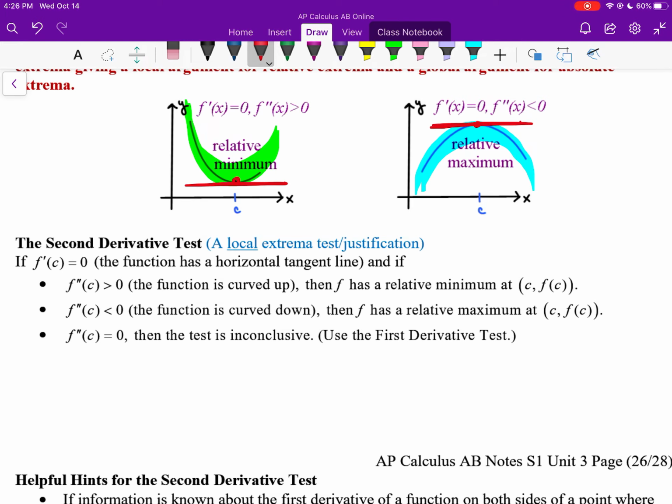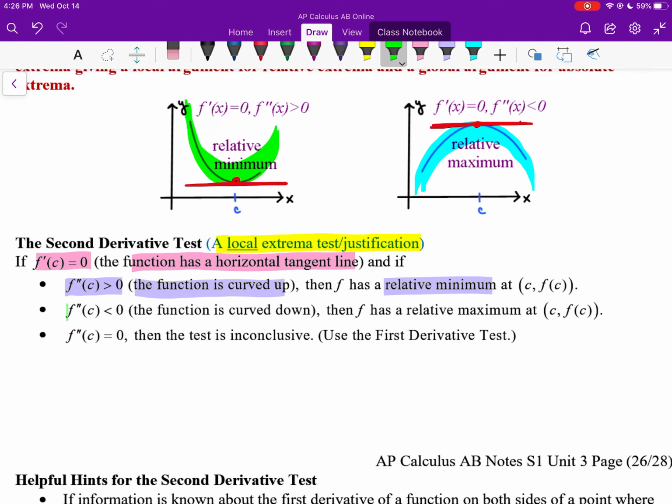And this over here is our second derivative test. What this second derivative test says is as follows, and again this is a local extrema test justification. It says if the first derivative at a particular point is equal to 0, meaning the function has a horizontal tangent line, and if the second derivative is greater than 0, the function is curved up, then we're going to have a relative minimum.